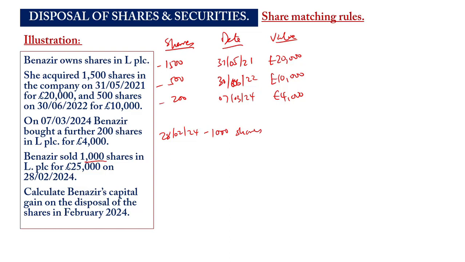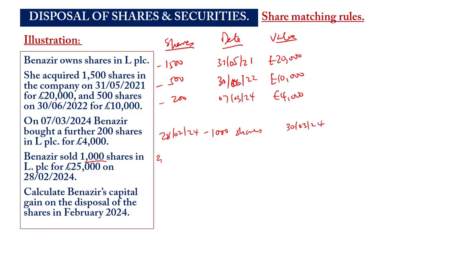Okay, so the first rule is out. We didn't get anything. The second rule is shares that were bought within 30 days after the sale. So 30 days from 28th February is going to give us up to 30th March 2024. Do we have any shares falling in that category?